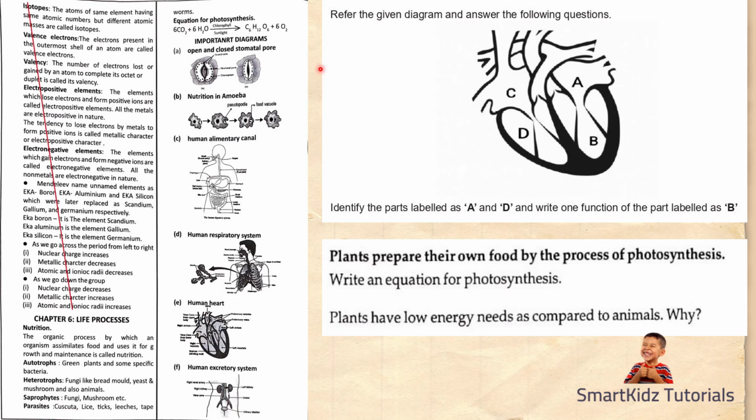Then we come to excretion. The urinary system. You should know the role of urinary bladder, urethra, and kidneys. The inside of the kidneys also. You should know what nephrons are. Very important. What is the role of the kidneys?